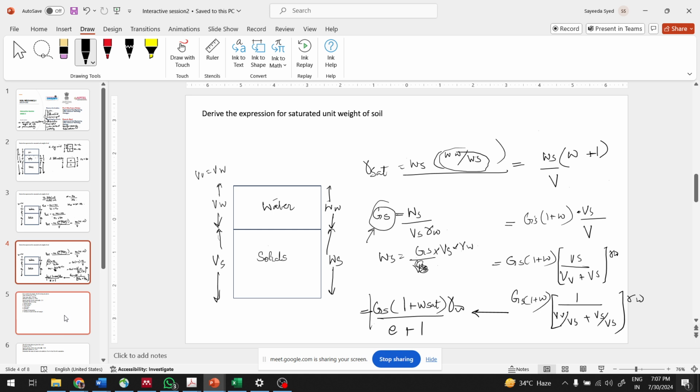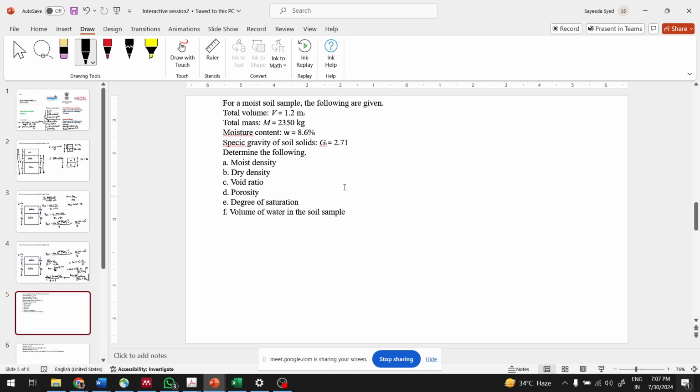Okay, so let's move on to the next question. For a moist soil sample, the following are given: the total volume, the total mass. Let's draw a three-phase diagram for this. This soil is moist, it's not saturated.